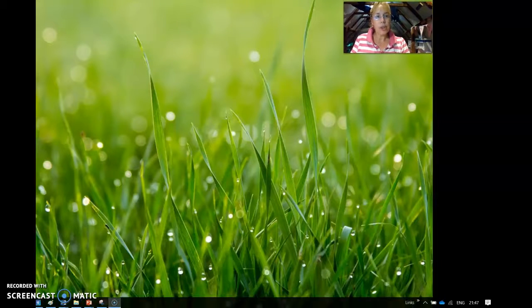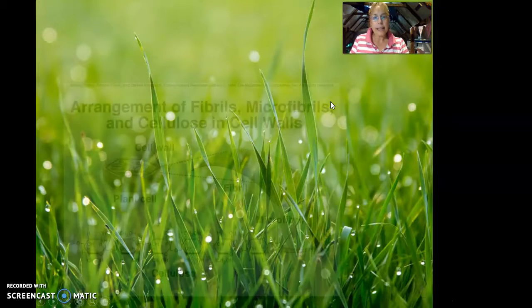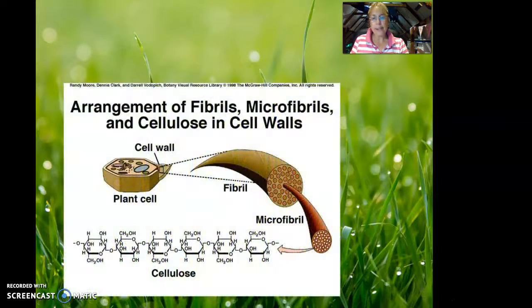Okay, so I just showed you the analogy with the spaghetti, and here is another way that this is shown. So you can see there the cell wall made out of cellulose. If I pull that out, we call it a fibril or a fiber. We're going to call it a fibril. We then pull out a microfibril, which is made out of many of those.